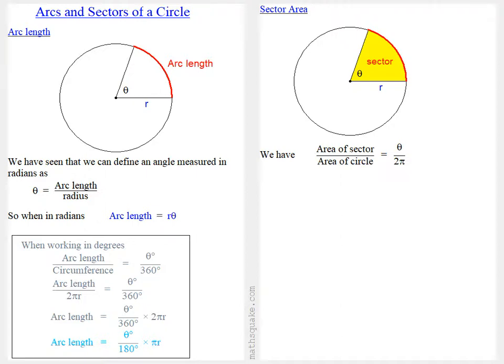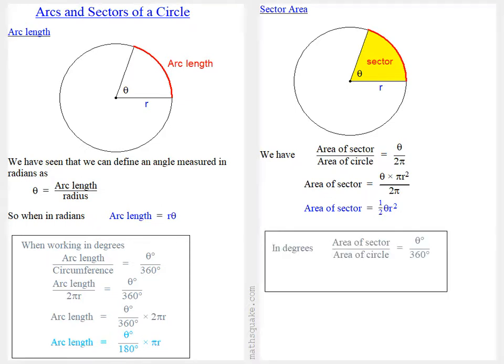Now in radians, a full circle is 2 pi, so the area of the sector over the area of the circle is theta over 2 pi, and the area of a circle is pi r squared, so the area of the sector is theta times pi r squared over 2 pi, or the area of the sector is a half times theta times r squared. The area of the sector is a half the angle times the radius squared.